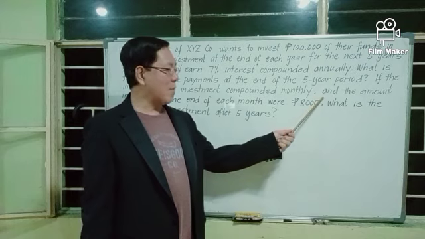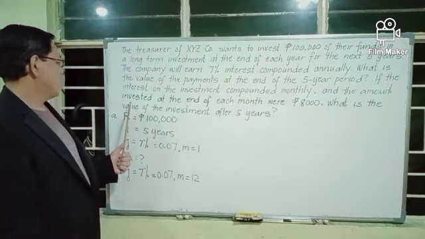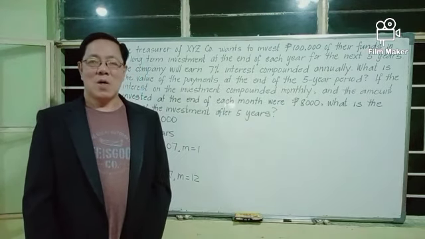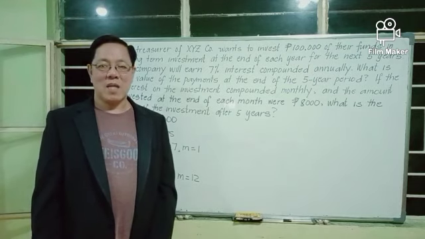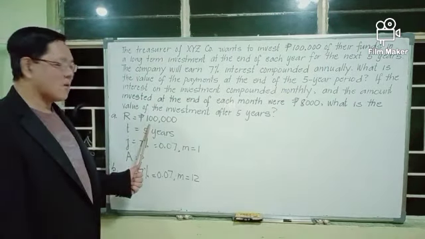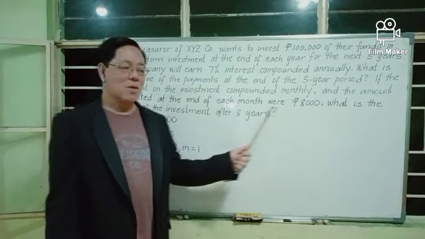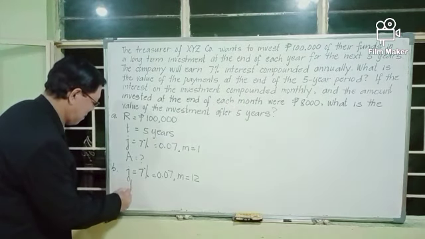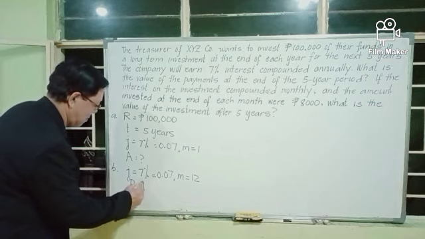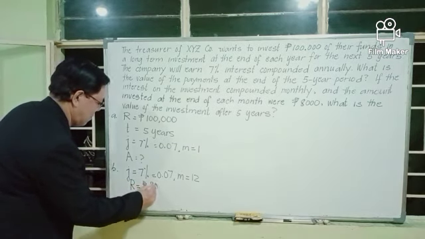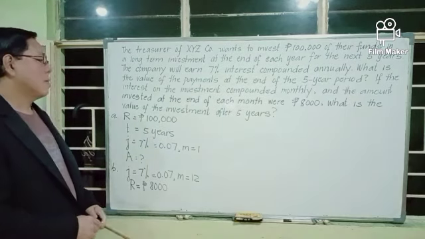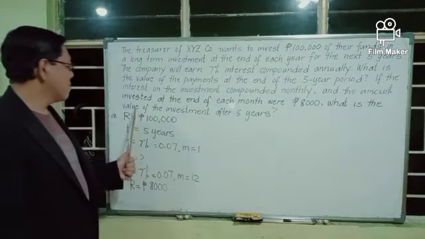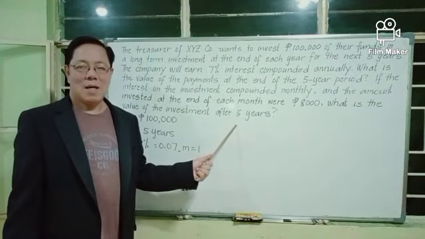In the second part of the problem, the amount invested at the end of each month was 8,000 pesos. And so the value of capital R for the second part is no longer 100,000 pesos, but 8,000 pesos to be made at the end of each month. The required for the second part of the problem is the value of the investment after 5 years, and t remains the same.